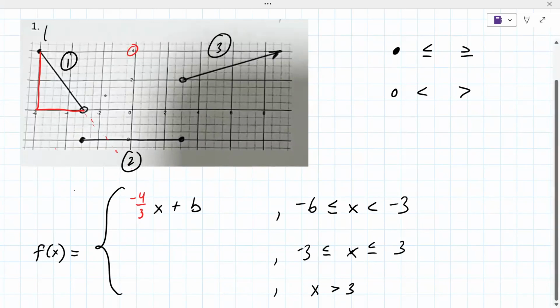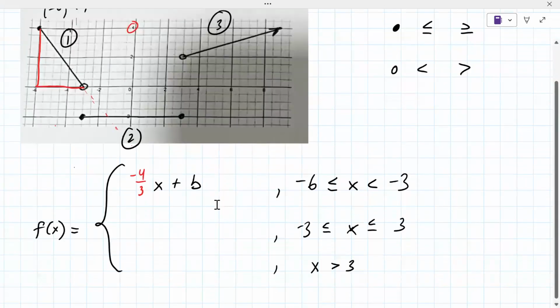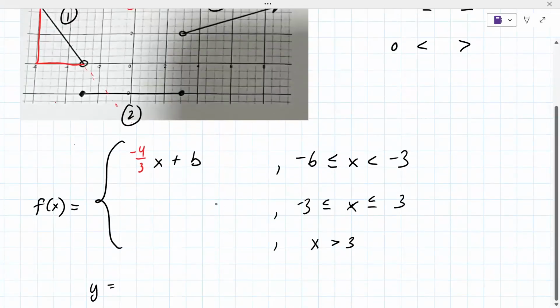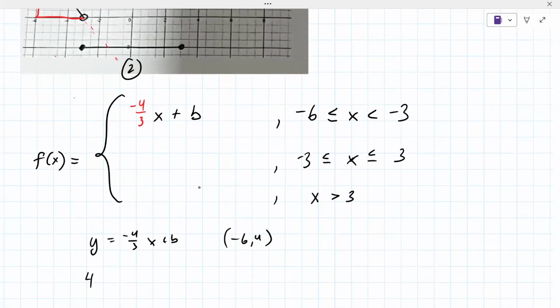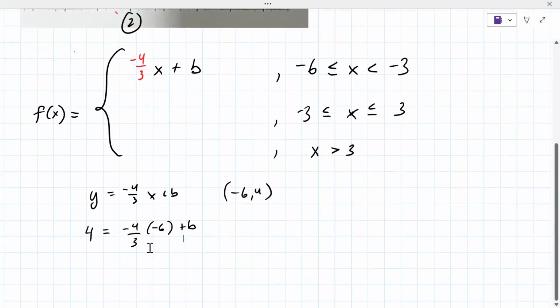So we'll use this -6 comma 4. Your equation right now is y equals -4/3 x plus b, and you're going to use that point -6 comma 4 in there. So 4 equals -4/3 times -6 plus b. And so you're going to solve for b here.